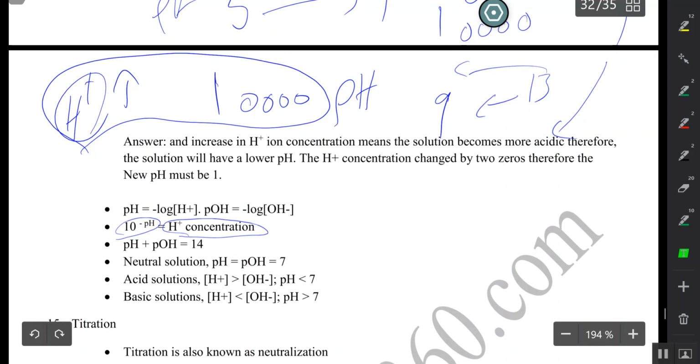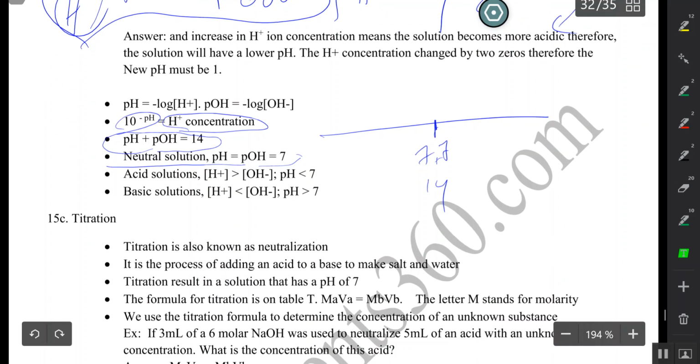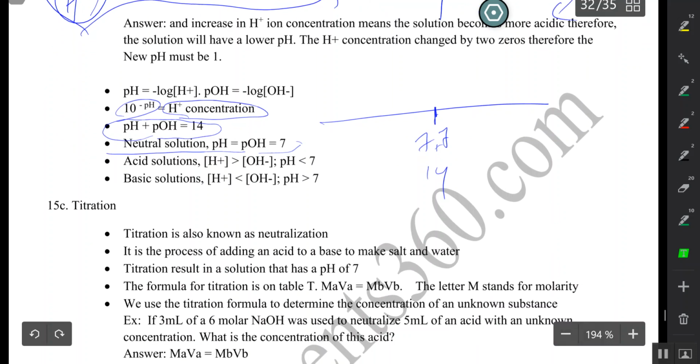And the pH plus the pOH will always equal 14. Therefore, if the pH is 7, then the pOH is also going to be 7. 7 plus 7 gives you 14. We said that the neutral solution has a pH that's equal to the pOH. And acids have a greater amount of H plus ions than OH negative ions.